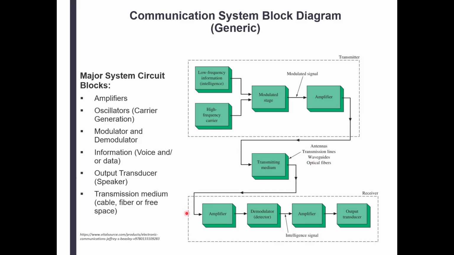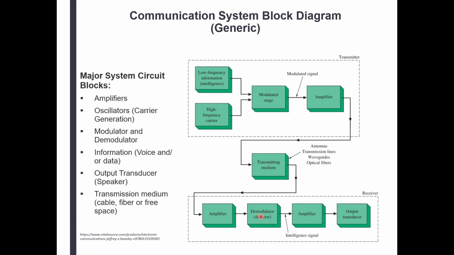All right, so then the receiver is going to be tuned to that particular carrier frequency, and it's only going to detect that carrier. And since the carrier is modulated, it's going to take that whole modulated carrier, and at this demodulator or decoder stage, it's going to strip the carrier because it's not needed anymore, and the carrier is much higher frequency.